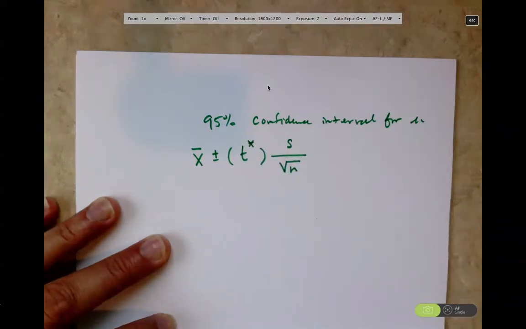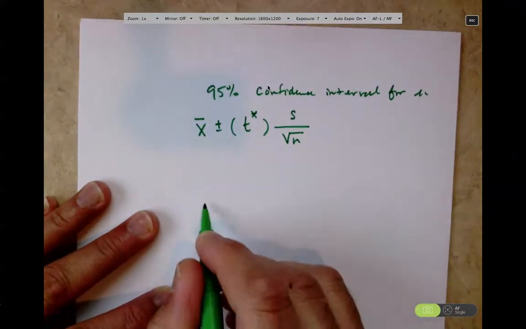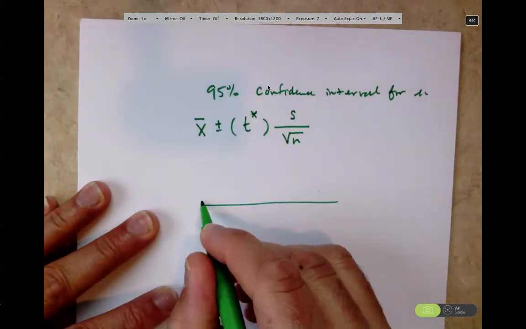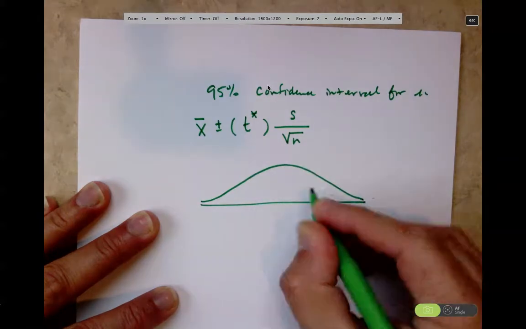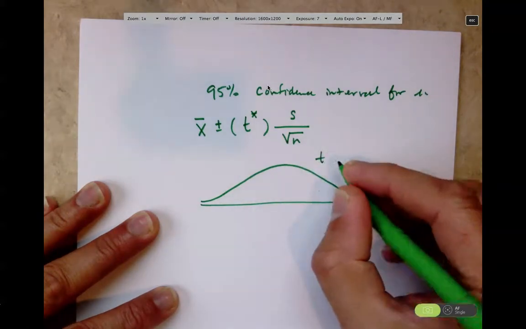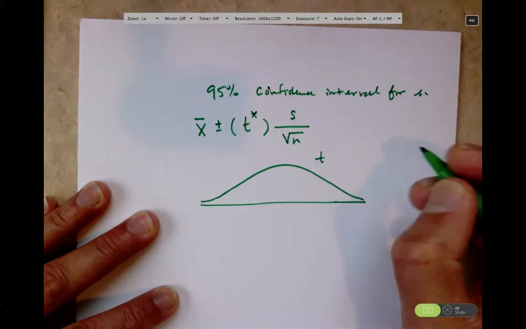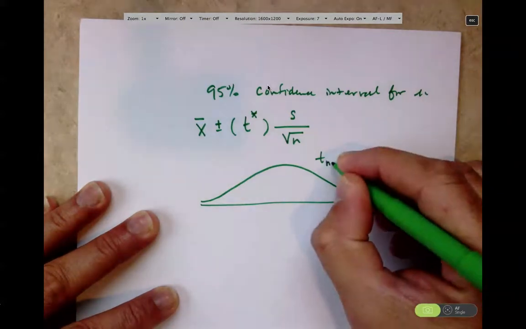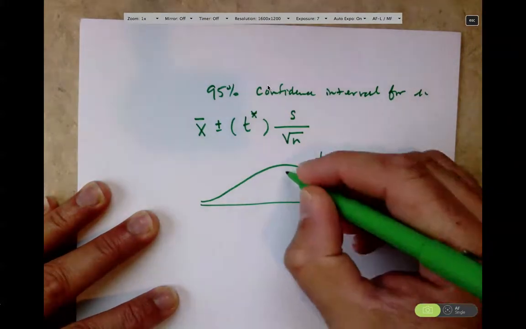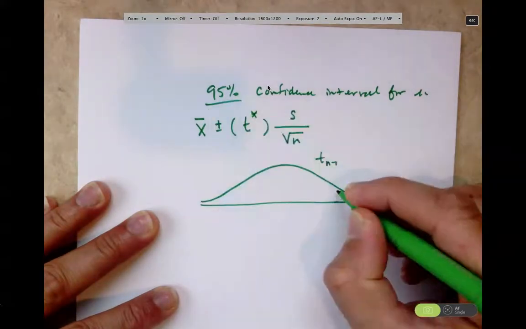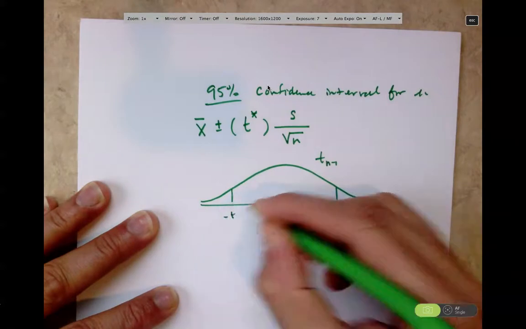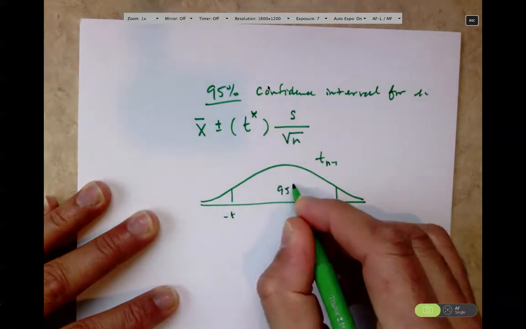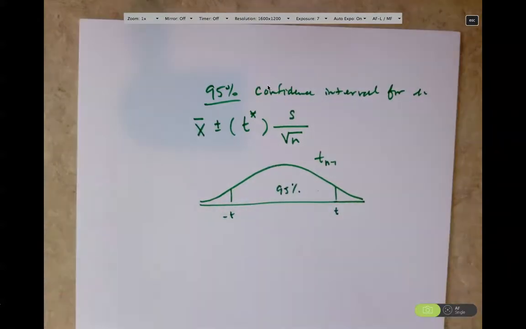And what we're going to be looking at to put in a t star is a t distribution with n minus 1 degrees of freedom. And what we're looking for a 95% confidence interval is if this is t and this is negative t, we want 95% to be in between the two.